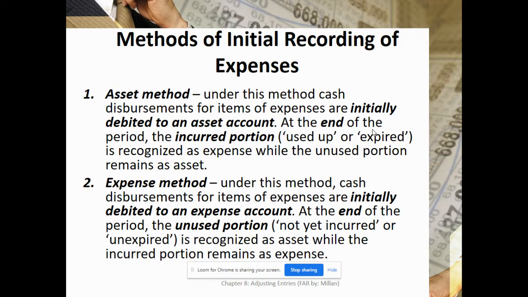Sa expense method naman, cash disbursements for items of expenses are initially debited naman to an expense account. And at the end of the period, yung unused portion mo, or what we call the unexpired or not yet incurred portion, will be recorded as asset while the incurred portion remains as expense.